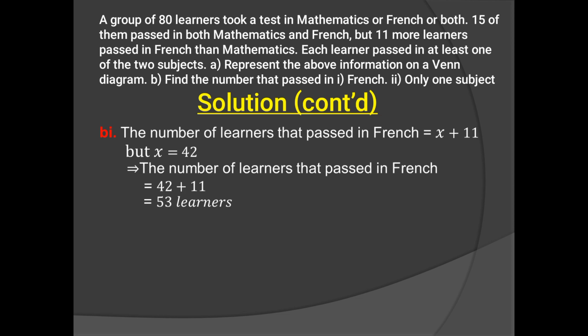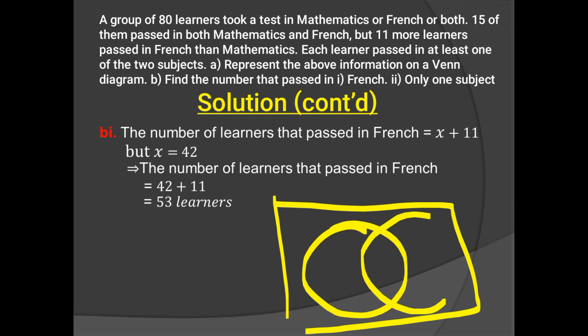Now, part two says the number of students that passed in only one subject. Only one subject. So now you see they've added "only". And remember I told you that the "only" is the half moons. Do you remember? Great. If I have the Venn diagram like this, the only is going to be this side, that's the only mathematics, and then plus this side, which is only French.